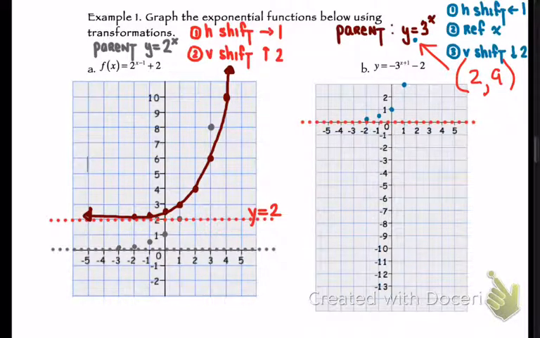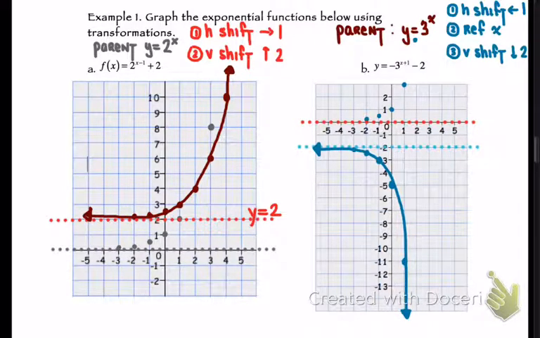If I shift it left 1, I know it moves to (1, 9). If I reflect it over the x-axis, now I know it moves to (1, -9), and then if I shift it down 2, it moves to (1, -11).